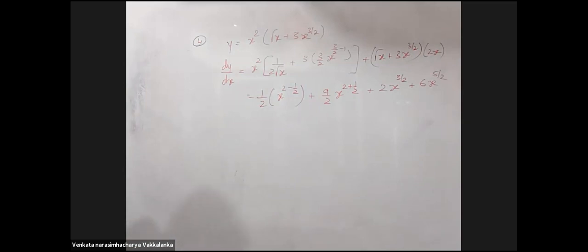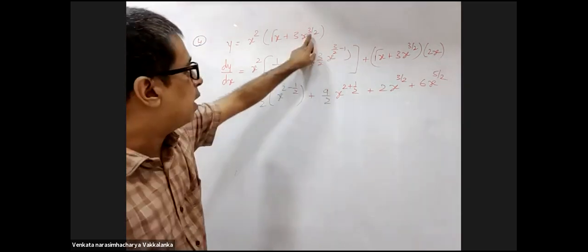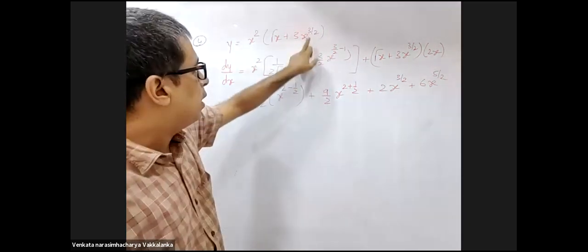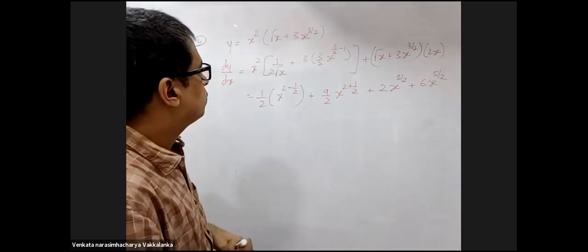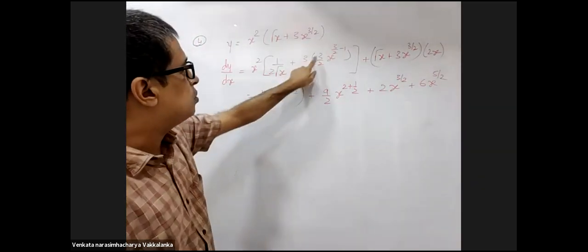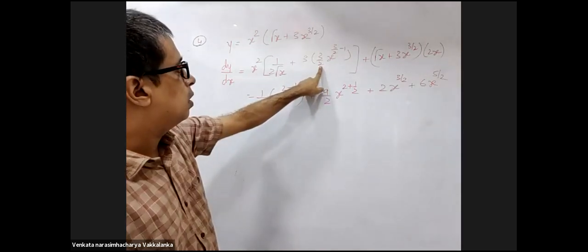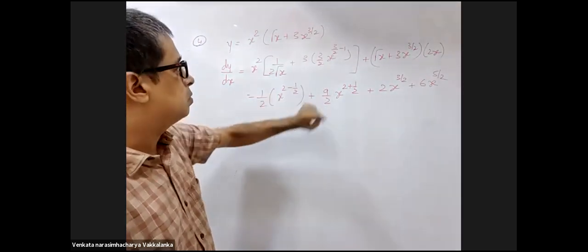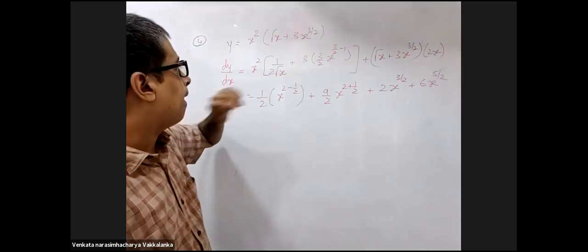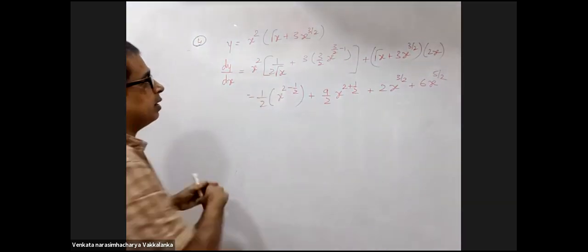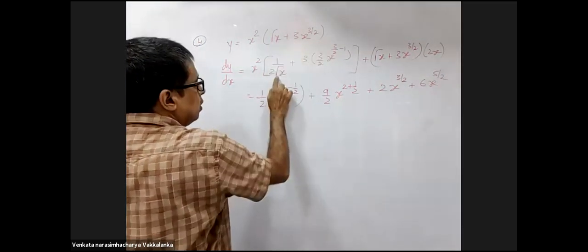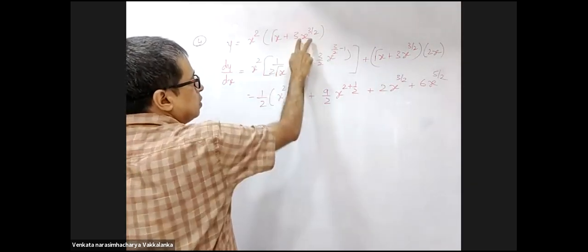Sir, can you just explain in the second step how did you get the second term after plus? And sir, it should be 9, not 9 by 2. This into this is 9, so 9 by 2 only. Yes, I thought we took 1 by 2 common. No, 1 by 2 common, no. Differentiation of this is 1 by 2 root x.